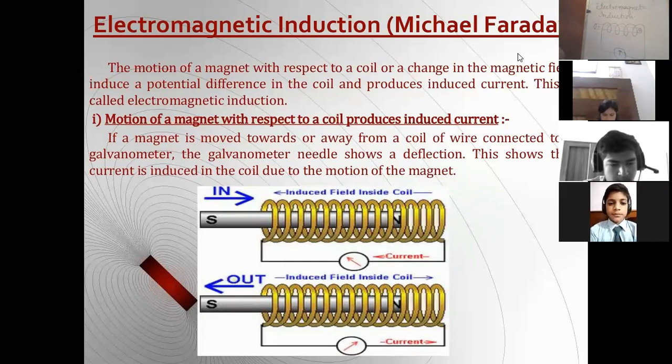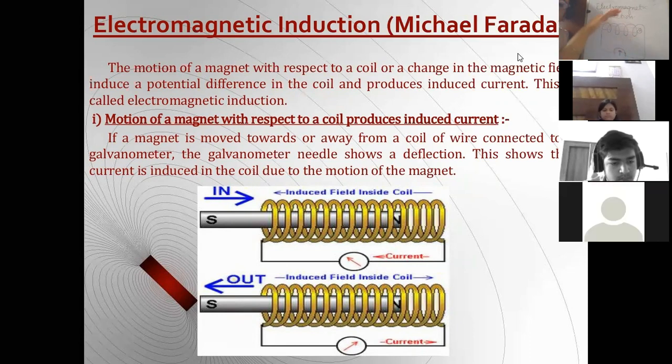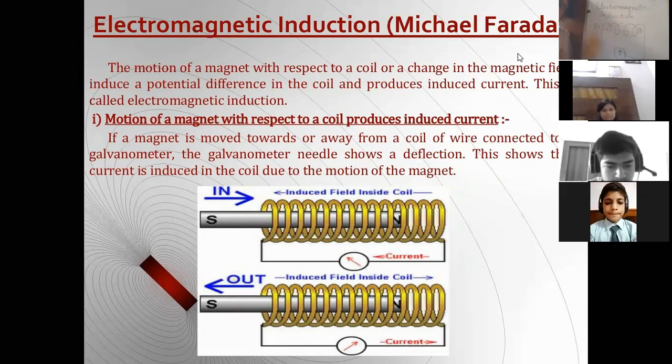Once I insert the bar magnet in the coil and keep it at rest, means the coil is at rest as well as the bar magnet is at rest, both are at rest, the coil and the bar magnet. Once both of them are at rest, there is no change in the galvanometer. It means that no current is induced in the coil.